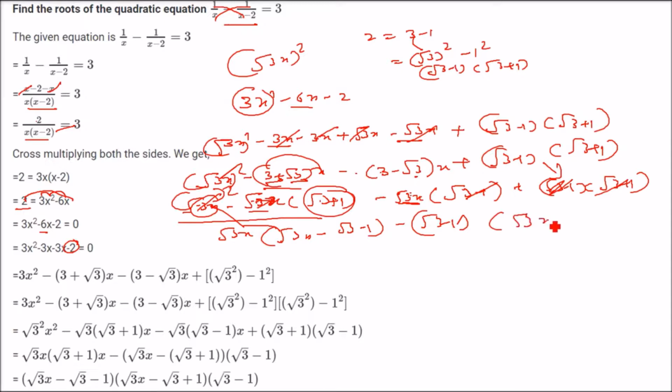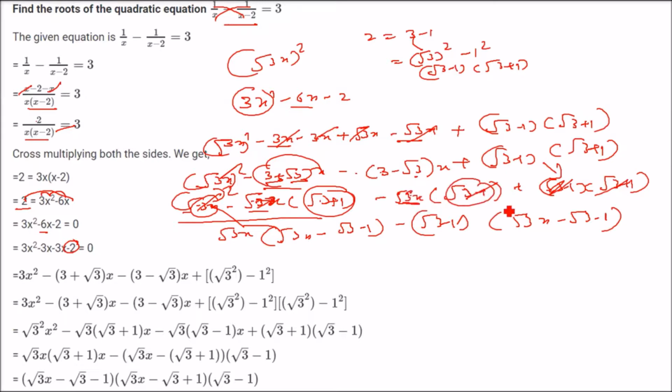Root 3x minus root 3, and minus root 3 minus 1. If I take root 3 minus, see, minus is there, so it will be root 3 minus root 3 minus 1. Okay. So if you see that root 3x minus root 3 and minus 1 is there, and when I took root 3x common from here, then I also get this root 3 minus 1 common from here.